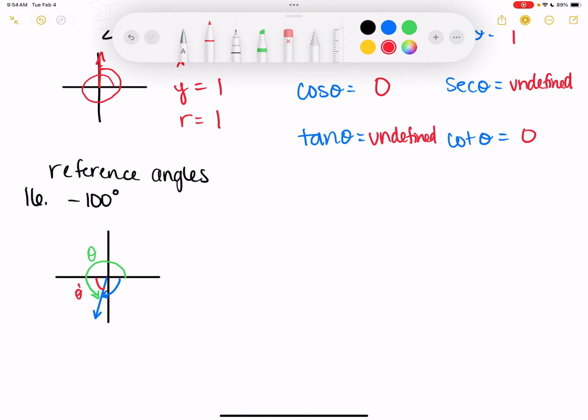When something falls in quadrant 3, in degrees, theta prime is equal to theta minus 180. But theta has to be positive for these to work. That's why we need the positive theta, what's written in green. If we went all the way around, this is 270 degrees, but I'm 10 degrees back, so this is 260 degrees.